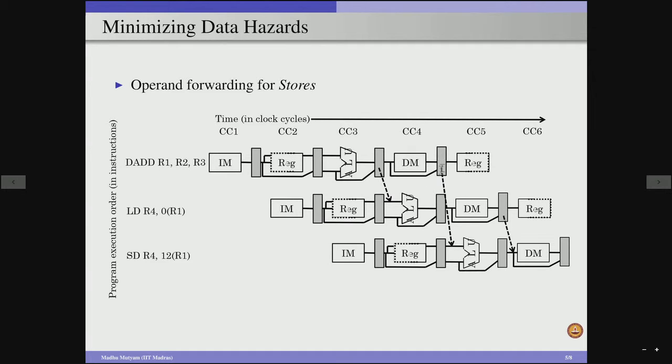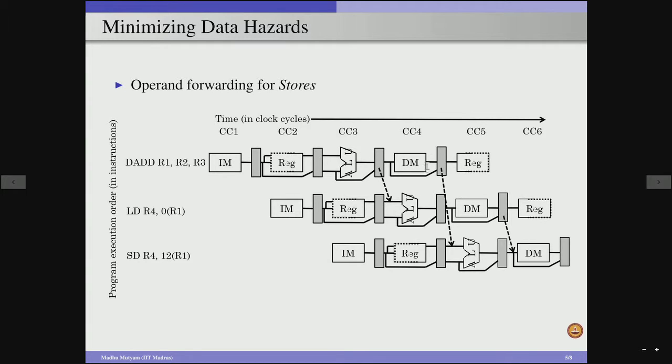So, as a result, this pipeline register, which is between the memory access and the write back stage, will supply the R4 content to the functional unit associated with the store instruction, and in the sixth cycle, this load is supplying the value it read from the data memory to the store instruction.